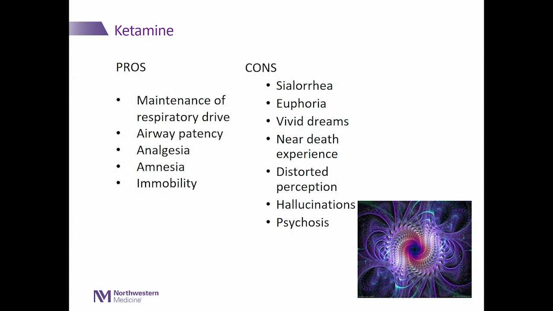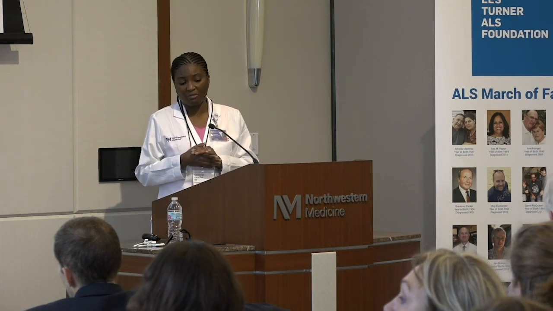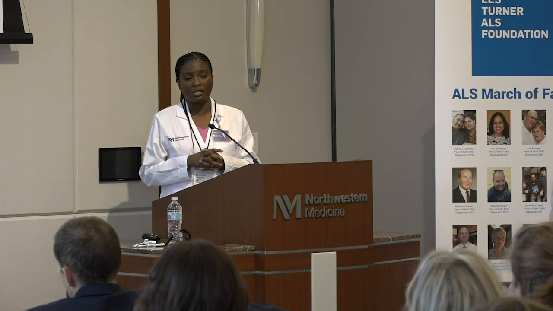Patients often will describe a euphoric feeling, vivid dreams. Some patients have actually described near-death experiences, distorted perceptions. These are some of the conversations we have in the preoperative evaluation so that they have a context that these things are possible. We don't always necessarily have the situation, but it's a possible side effect, but not necessarily unsafe.